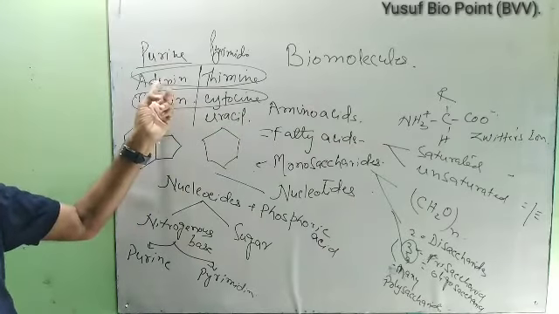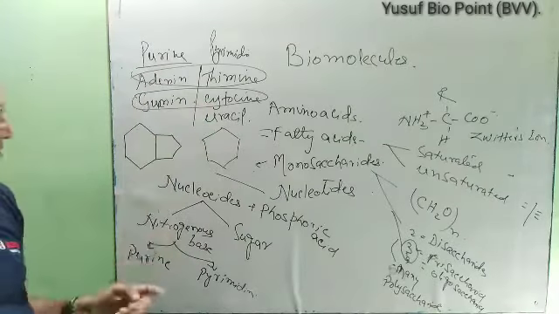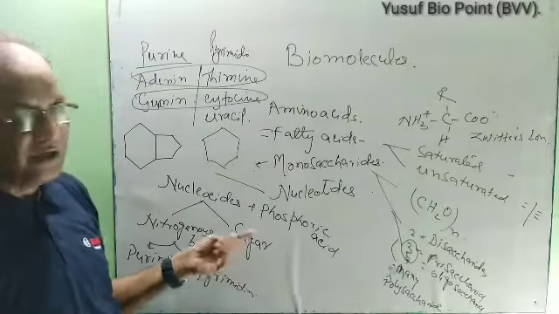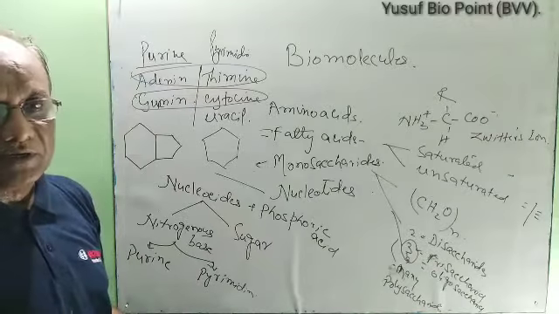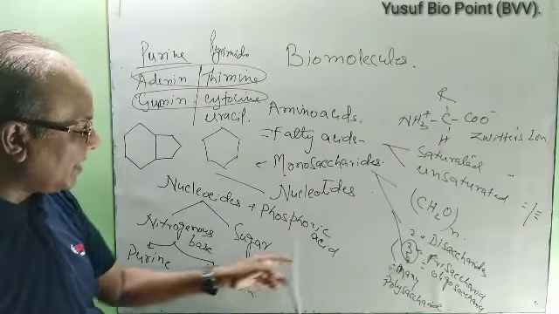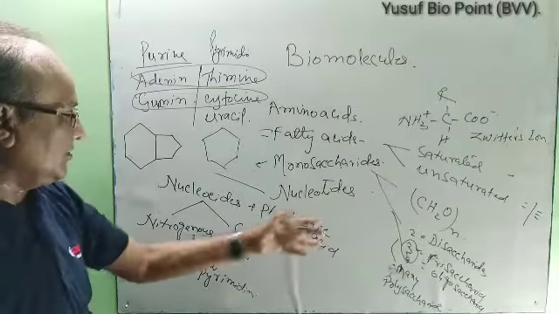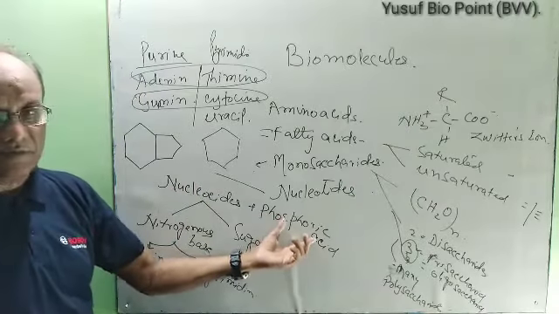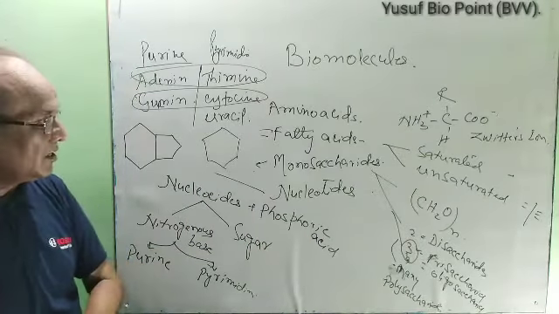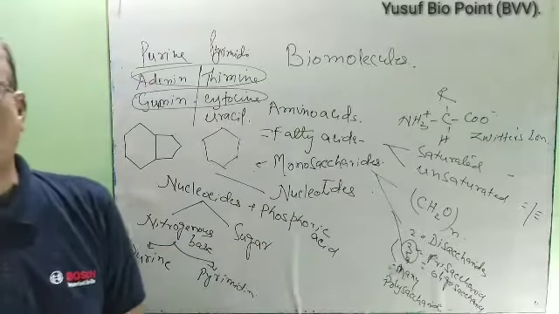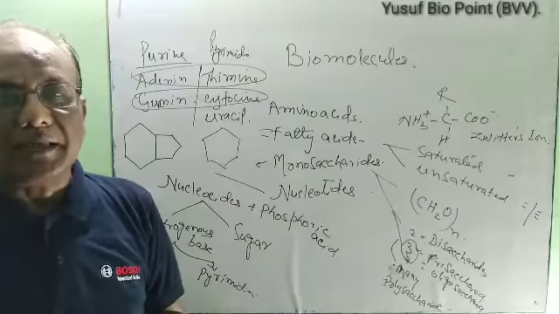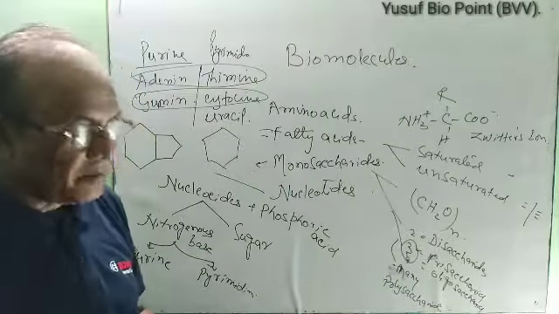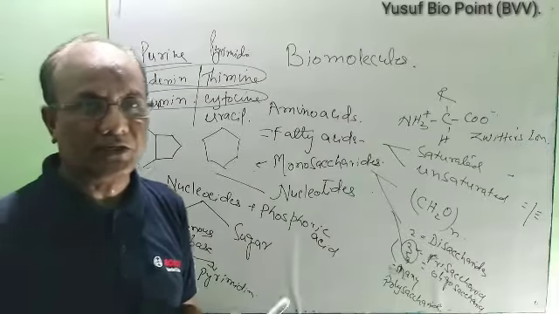Shortly we describe them as ATGC. When these bases combine with the sugar, deoxyribose in DNA or ribose in RNA, that forms a nucleoside, and when a nucleoside is combined with phosphoric acid, it is called a nucleotide. When many nucleotides combine, they form nucleic acid. So these are some of the compounds which we get.